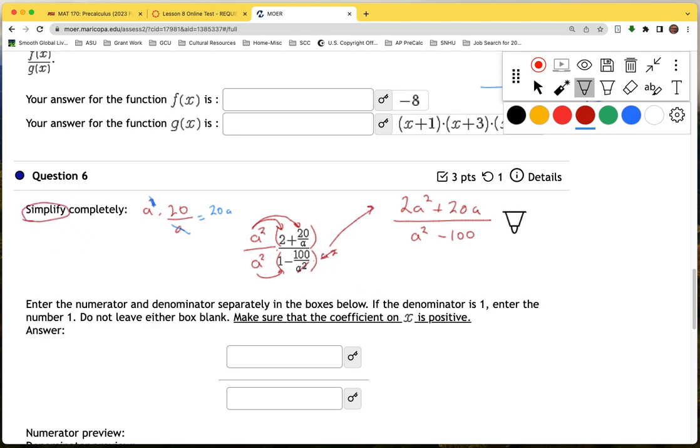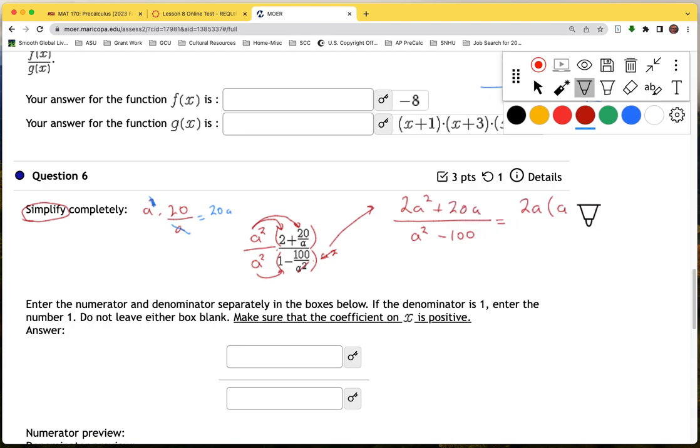Simplify completely. So now let's see, we could factor, right? In the numerator, there's a 2a that comes out. And if you take a 2a out, you're left with a, right? Because 2a times a is 2a squared. And here, 2 comes out, so that's a 10.